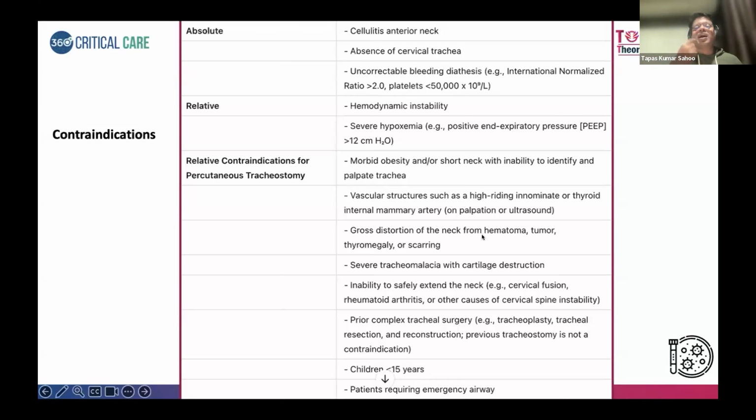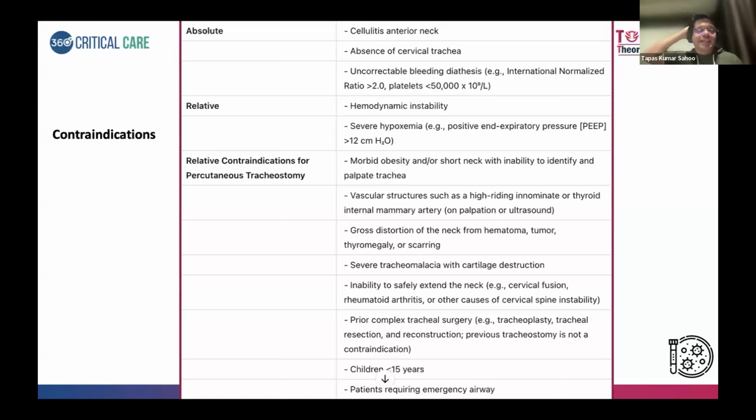Vascular structures such as a high riding innominate or thyroid ima artery, and you are doing ultrasound and you are getting a big vessel just in front of the trachea. Gross distortion of the neck from hematoma, tumor, big thyroid, scar. You are not getting the anatomy properly. Severe tracheomalacia, and all the cartilages have been destroyed, so you will not be able to get the proper insertion site.